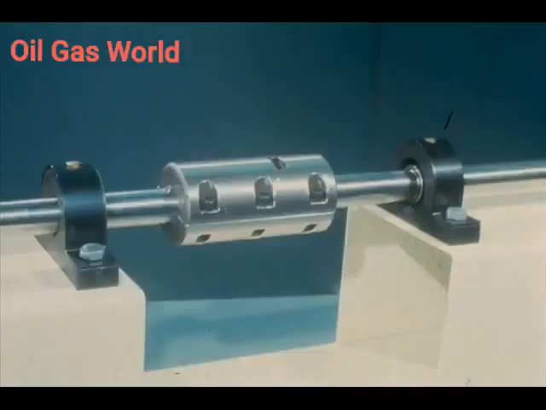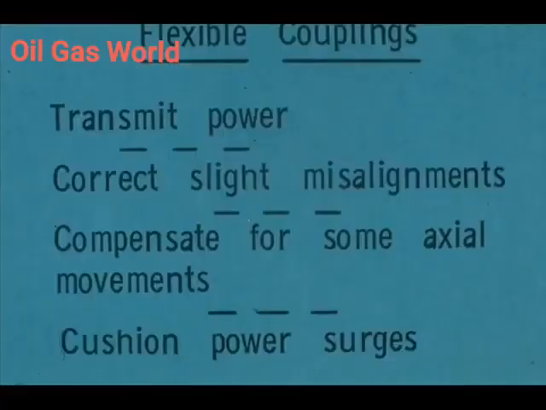In other words, they are only expected to lock two shafts together, making them operate as a single shaft. The flexible couplings are also used to transmit power from one machine to another, but they are also designed to fulfill other requirements. The requirements could be to correct misalignments, compensate for axial movement, and cushion power surges.